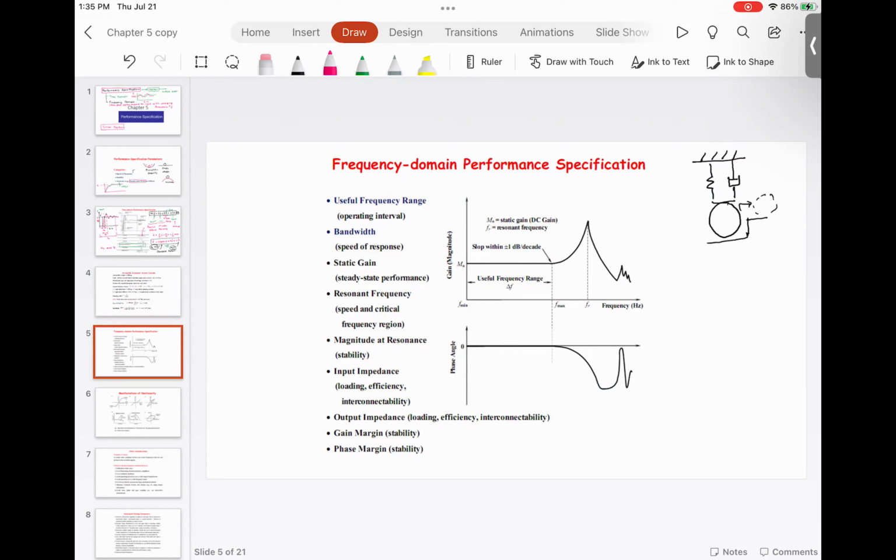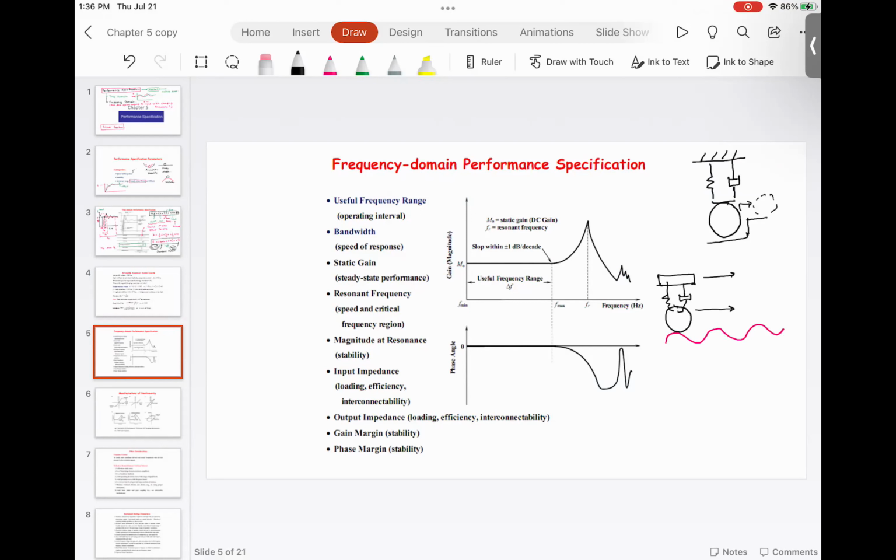Now, however, imagine a case wherein you have the vehicle going through a bumpy ride. So you have this vehicle, same suspension, and now this road is kind of bumpy. This road has a certain wavelength, a certain amplitude, and this vehicle has a certain path, a certain speed.